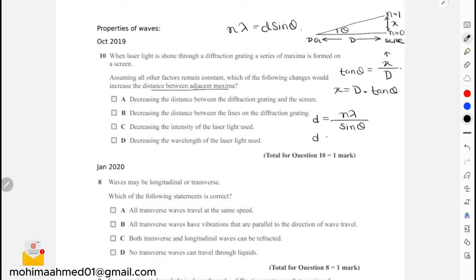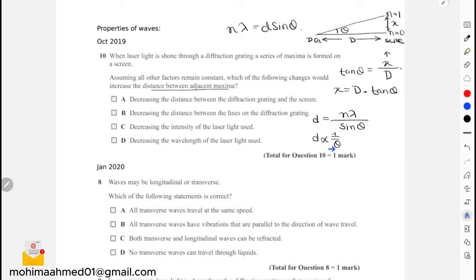So if they are inversely proportional, that means decreasing the distance between the lines on your filter will cause a higher value for theta, a higher value for deviation. And if theta increases, and theta and the distance between adjacent maxima are directly proportional, then the distance between adjacent maxima would also increase, right? So in this situation, they're using the relationship that d is equal to n lambda over sine theta.